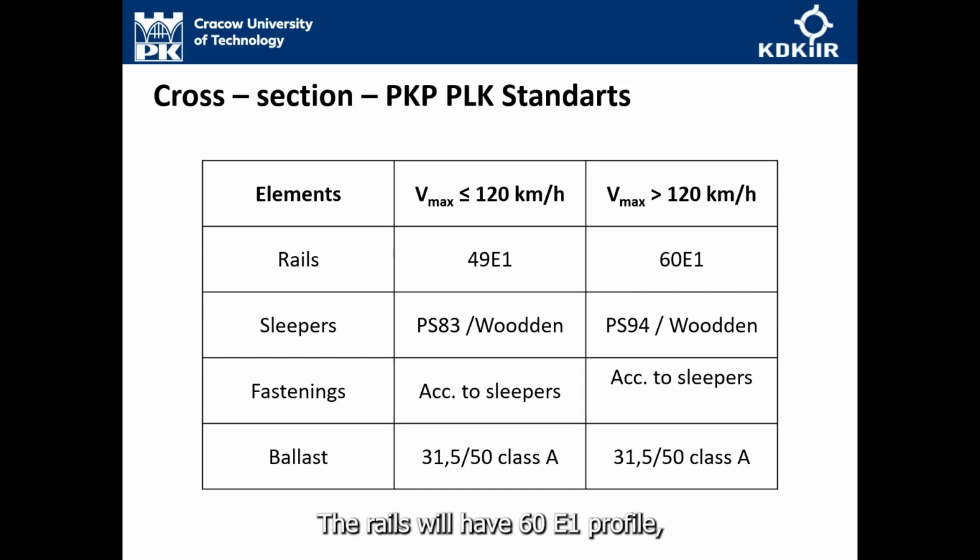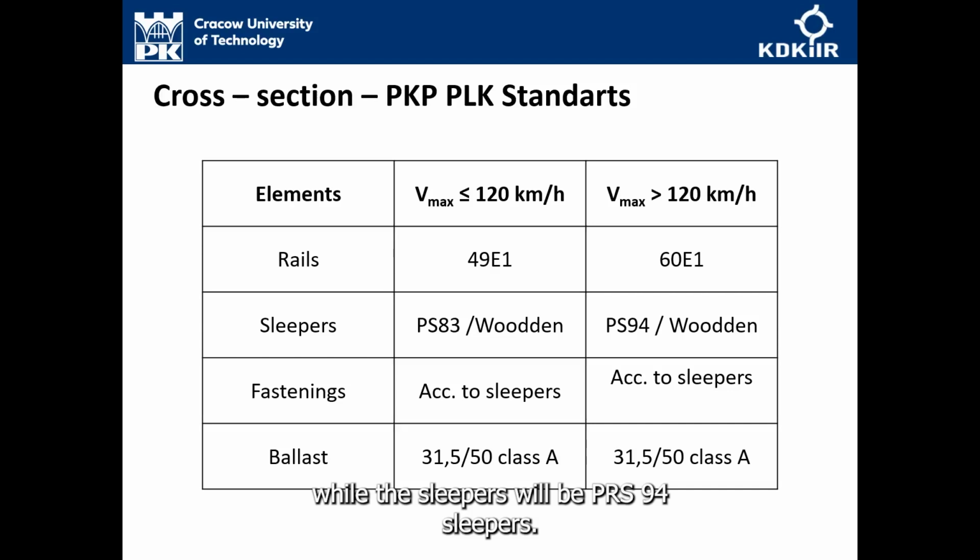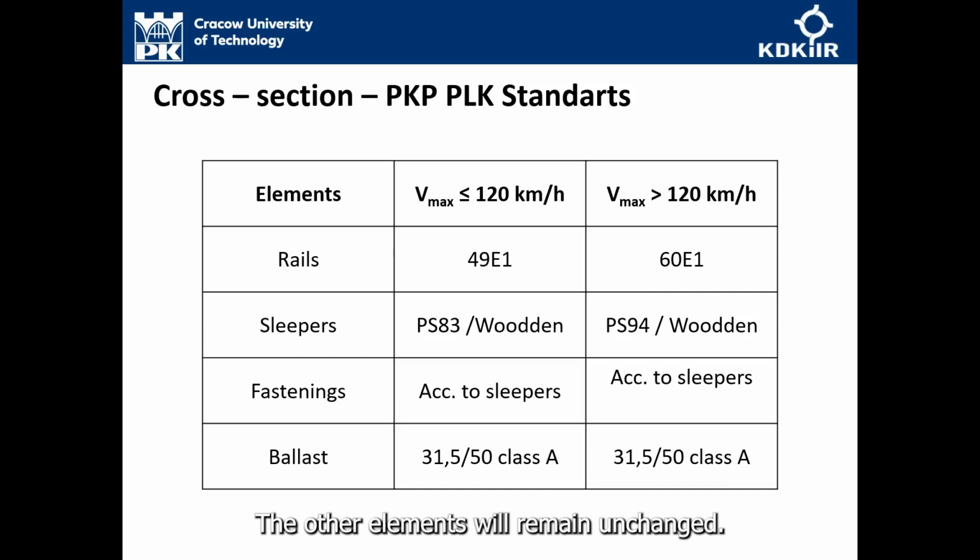Accordingly, the rails will have 60 E1 profile, while the sleepers will be PS94 sleepers. The other elements will remain unchanged.